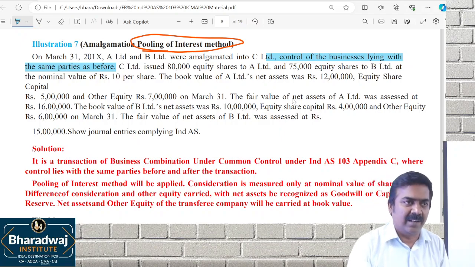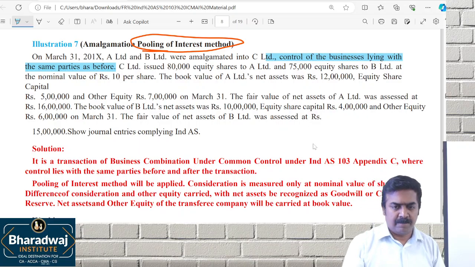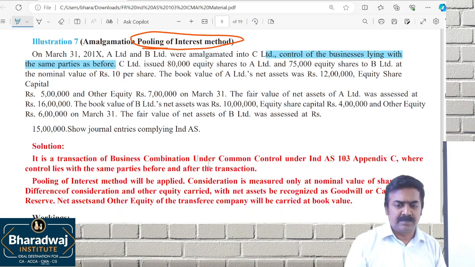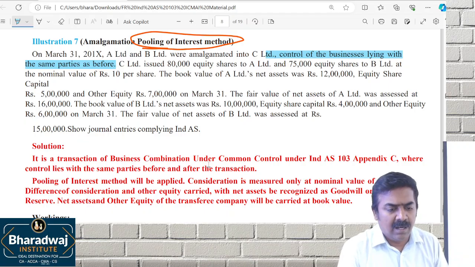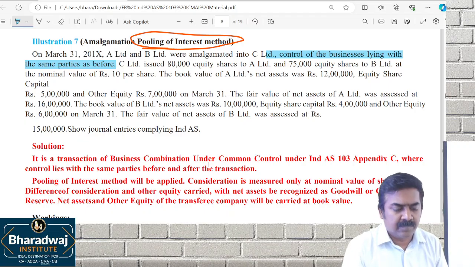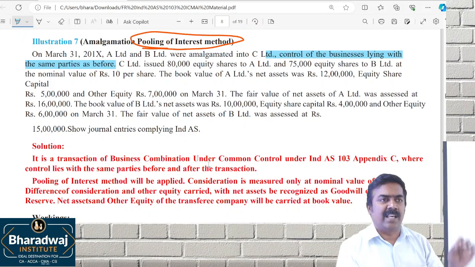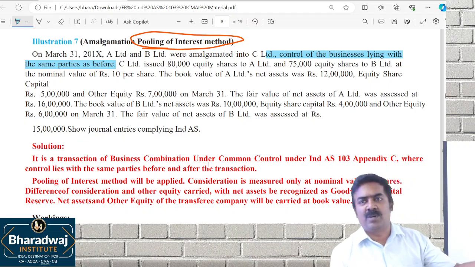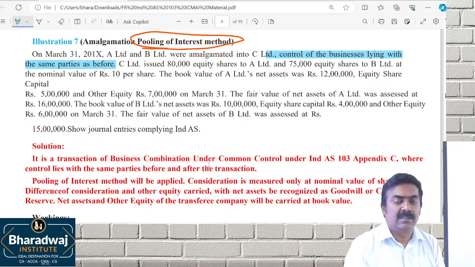Under this method, assets and liabilities are recorded at book value, the same carrying amount. Whatever was the carrying amount in the old company will be continued by this company.